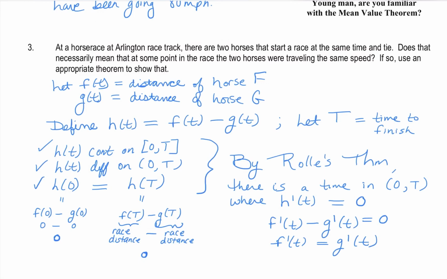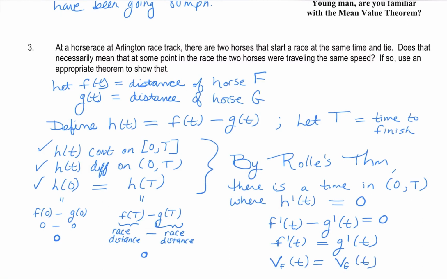Go back to the very beginning: f is the distance function of horse f. The rate of change of that distance function is our velocity function, so this is the velocity of horse f. Similarly, the derivative of the distance function of g is the velocity for horse g.